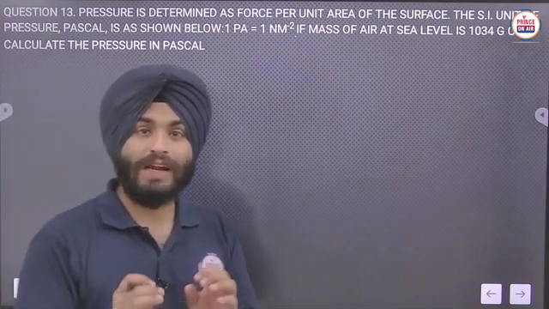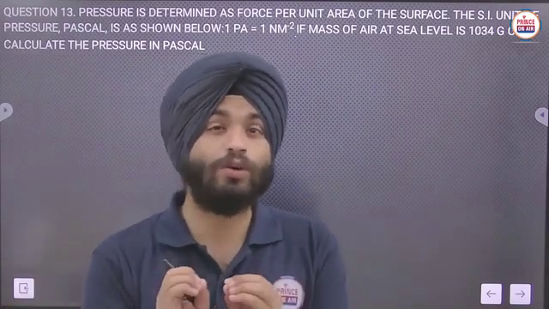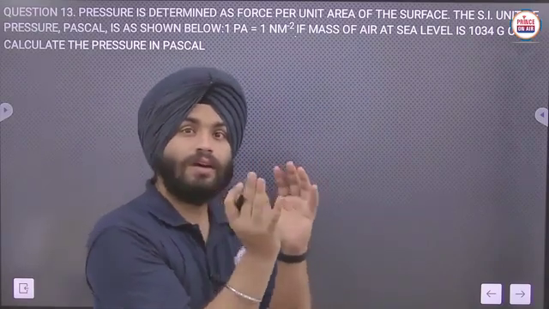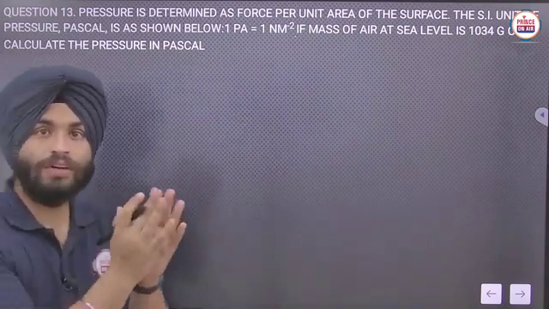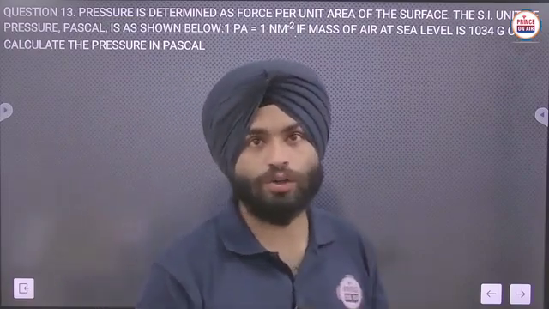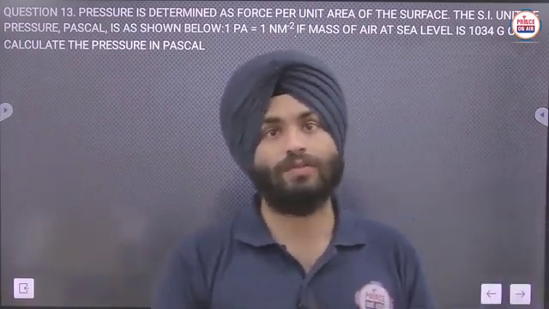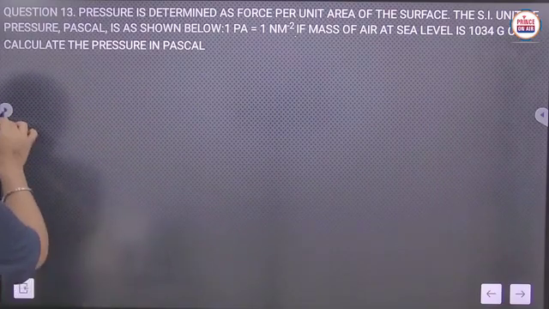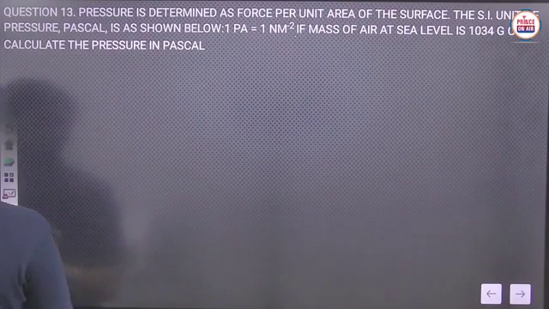It is a very simple question. Just try to do it yourself. You just have to focus on the units, convert the units, and calculate the value. I can tell you which terms are given.